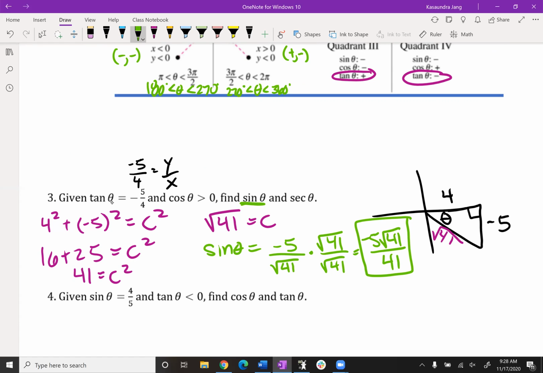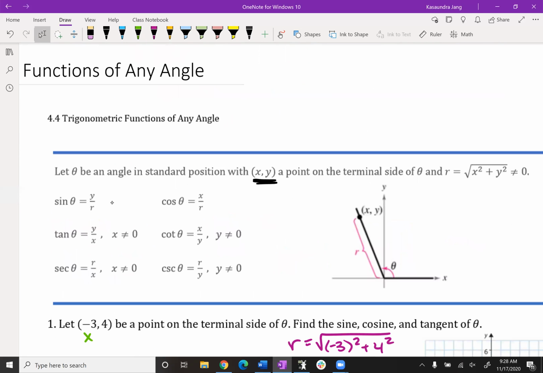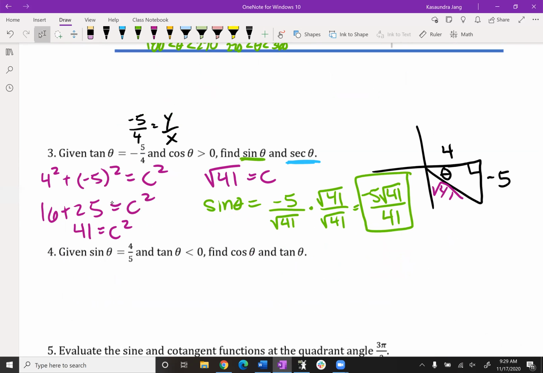Let's check out the secant. We've been finding sine, cosine, and tangent, but we haven't found secant yet today. Radius is hypotenuse. Secant is R over X. The radius, which we just found, was root 41.